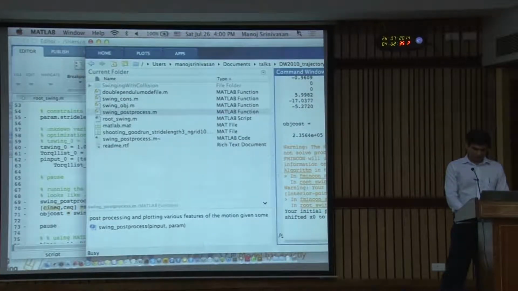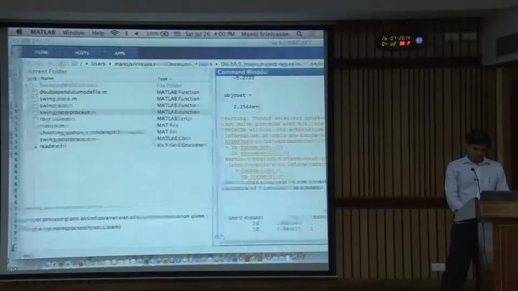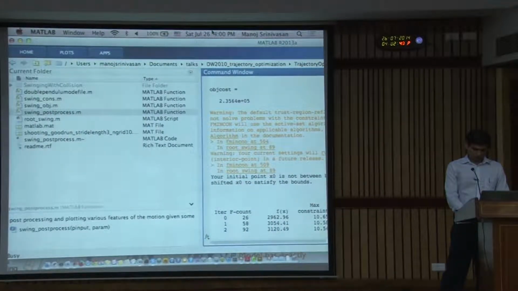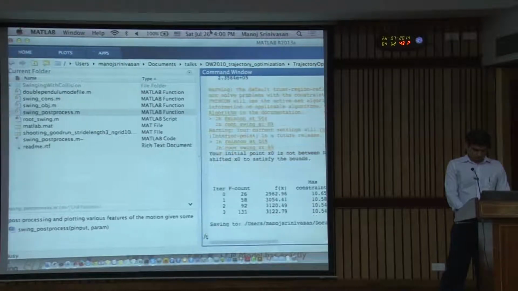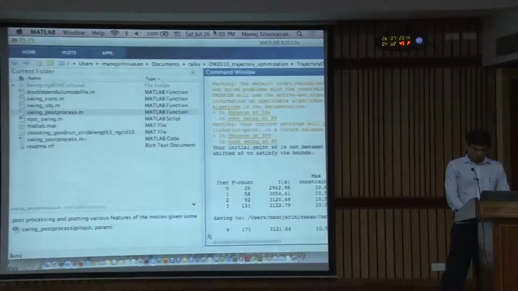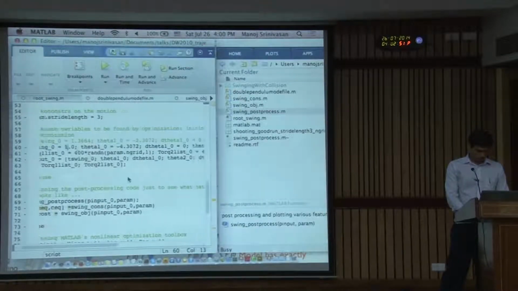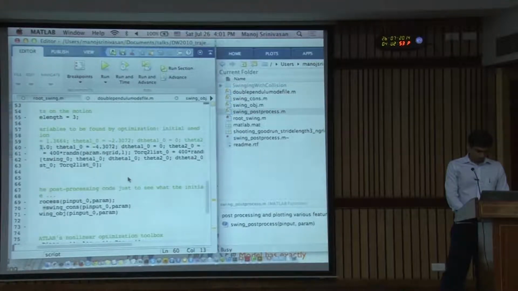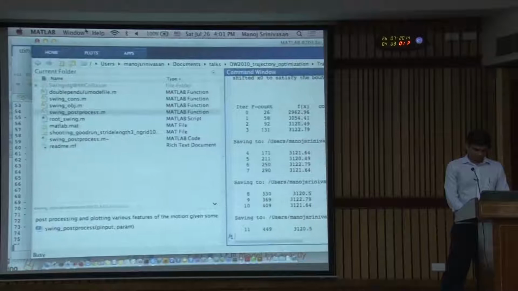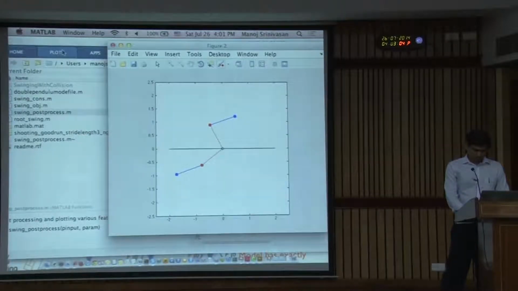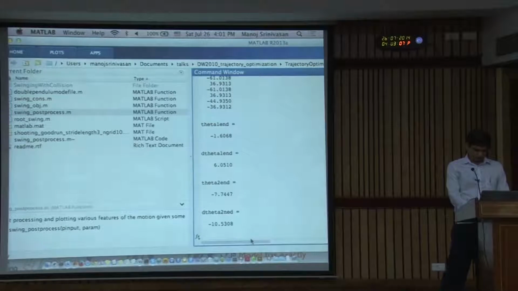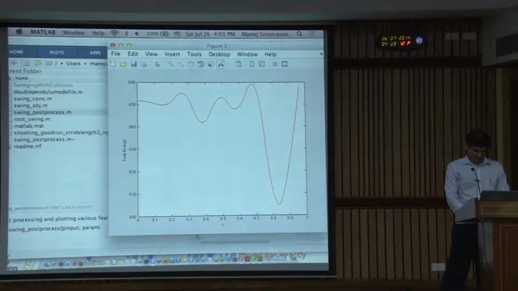I don't like pause. It looks like I didn't cheat enough in setting up the initial conditions.